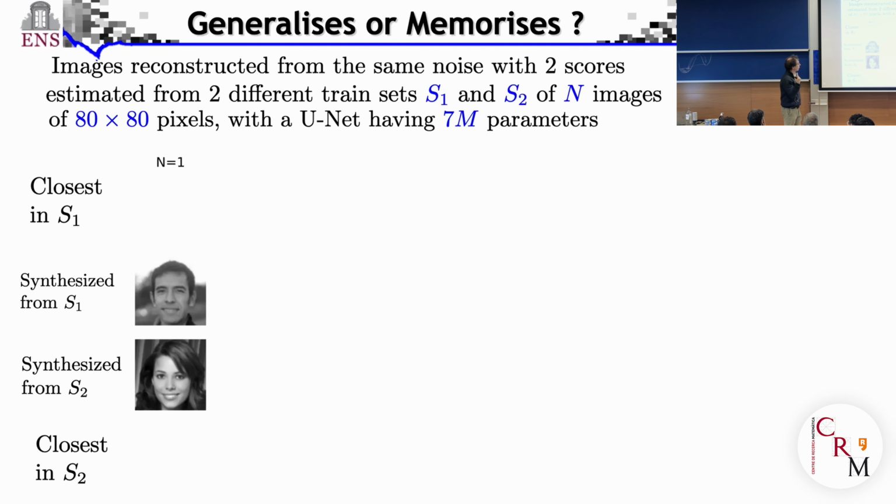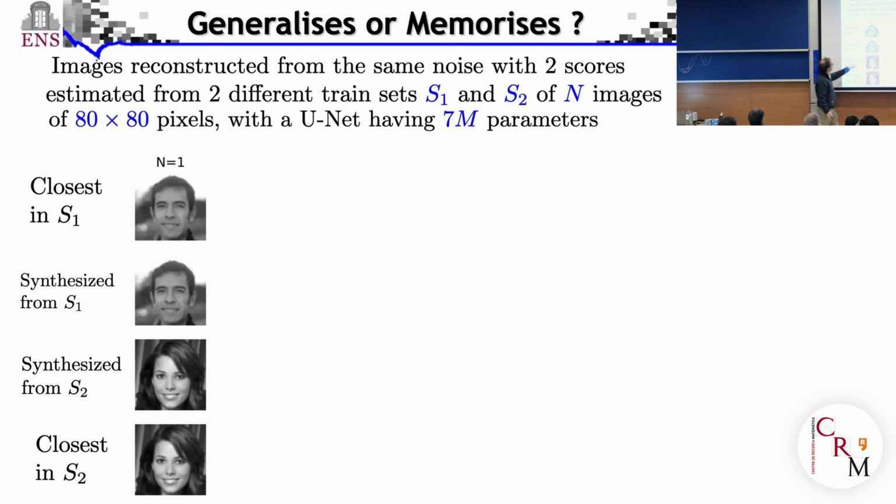So suppose that your neural network is trained with only one image. You put in the noise, and you synthesize from your first neural network, this is the image you get, and from the second neural network, this is the image you get. They are very different. Now, you can compare these images with the image that you had in your training set. It's not very surprising that in this case, the image in the training set is exactly the same.